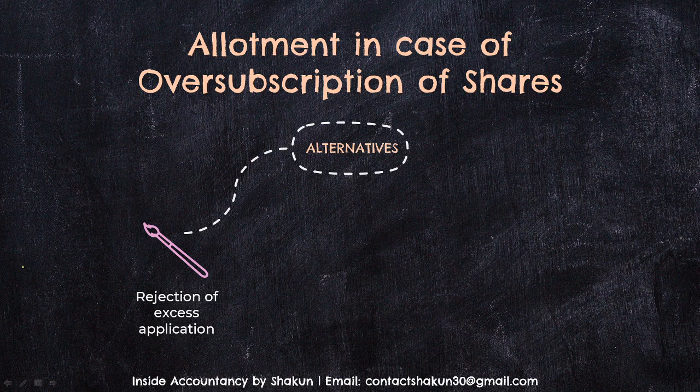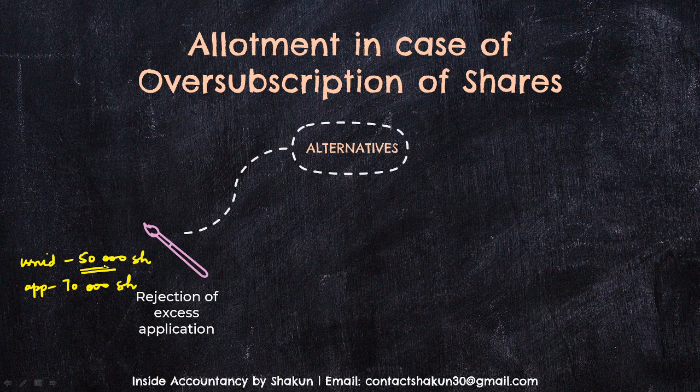For example, let us say that we had issued 50,000 shares. Applications are received for 70,000 shares. So this is clearly a case of oversubscription. We had issued 50,000 shares and we have received applications for 70,000 shares. Now, applications for shares in excess of 50,000, what is the excess here? 20,000.